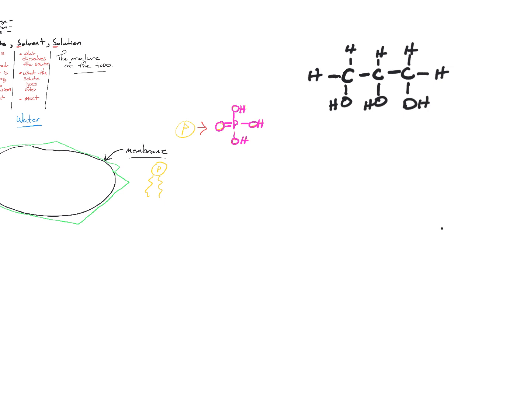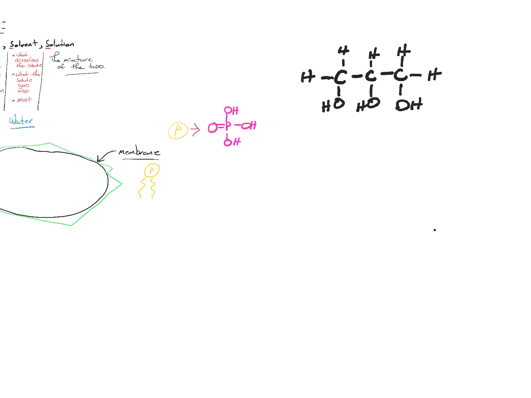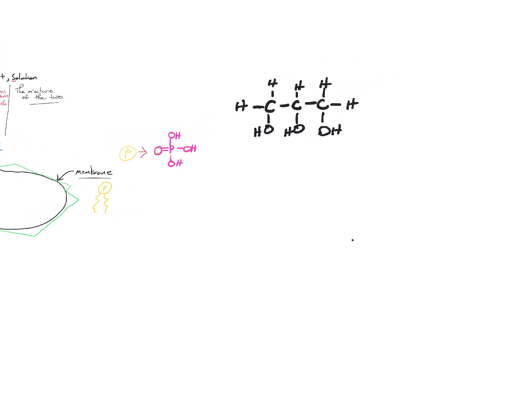So here we have 3 hydroxides. This molecule is an alcohol. Anytime you have OH groups on something, it's called an alcohol. You're used to ethanol, which is a type of alcohol that has 2 carbons, right?